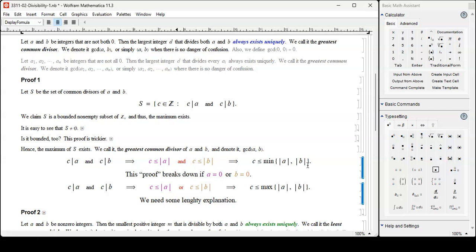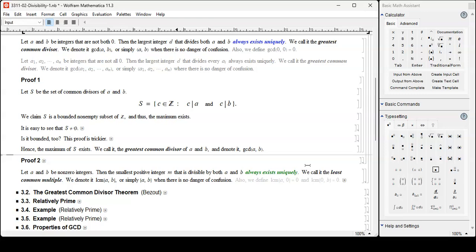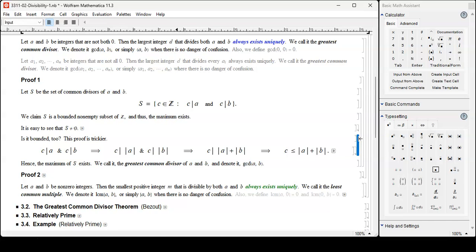But here in this notebook, I decided to use a little simpler and more elegant method. This is what I did. Select C from this S, so C is a common divisor, so C divides A and C divides B. Therefore, C divides the absolute value of A and the absolute value of B. You see, C times some integer is A, and if A is the same as its absolute value, then no problem, but if it is not, then multiply by -1 again, and we get this.